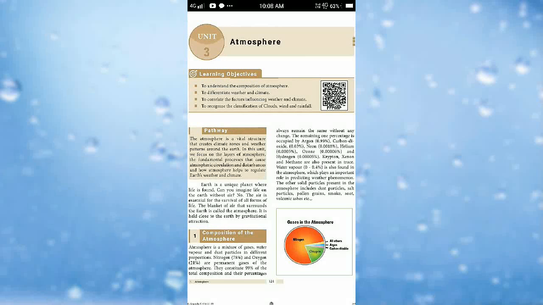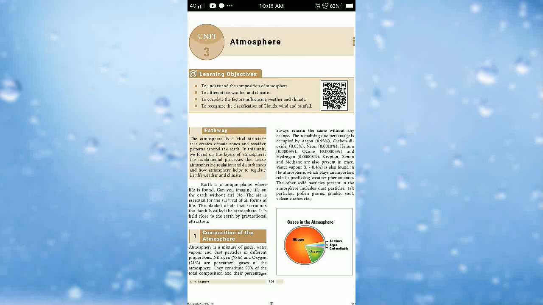Water vapor is also found in the atmosphere, which plays an important role in presiding weather phenomena. Then what are the other remaining gases present in the atmosphere? Argon, carbon dioxide, neon, helium, ozone, krypton, xenon, hydrogen and methane, and water vapor is also included in the atmosphere.